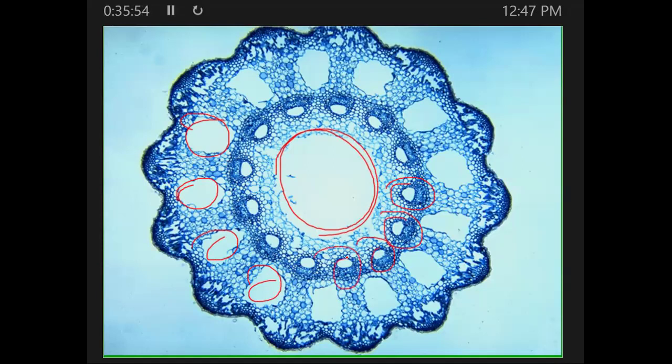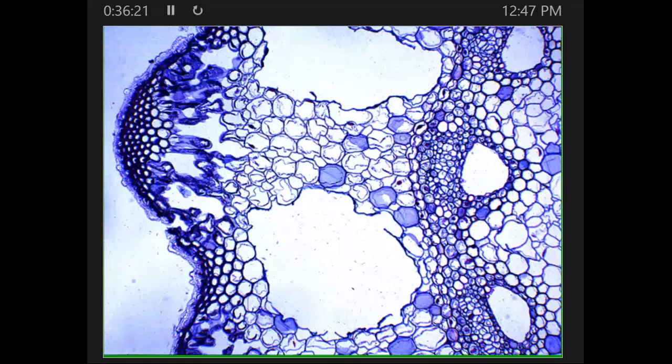So this is a siphonostele that you're looking at, and it's a eustele-like siphonostele because you get the xylem and phloem in patches, but overall it's a cylinder. And then you can see the ribbing here on the very perimeter of the stem. When you run your fingers over that, you'll feel that rougher texture. And there's lots of silica embedded in there, so they can be used for scouring your dirty pans if you burn your lunch for dinner.